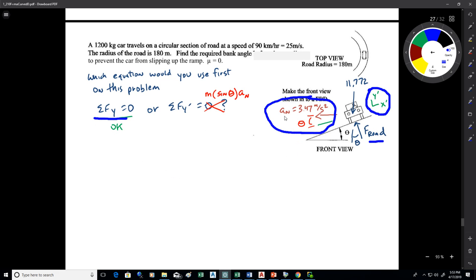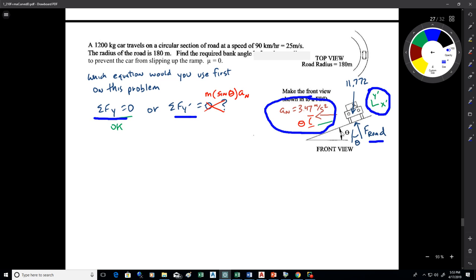The reason for that is, one, the acceleration is horizontal. So if I go with an angled sum of Fy prime, I'm going to pick up a component of that acceleration in the equation, which is going to make it more complicated. So I'd prefer to avoid that. If I just go sum of Fy equals 0, I will not pick up a component of the normal acceleration.